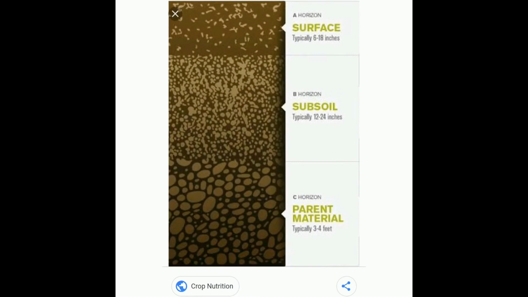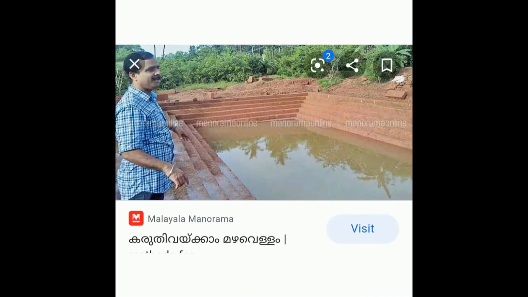Is the water reaching the deeper regions of the soil, or is it seen on the surface only? Why does the water not reach the deeper regions of the soil? Rain pits are a solution for this problem. By making rain pits, water reaches deep into the soil and enriches the groundwater there.